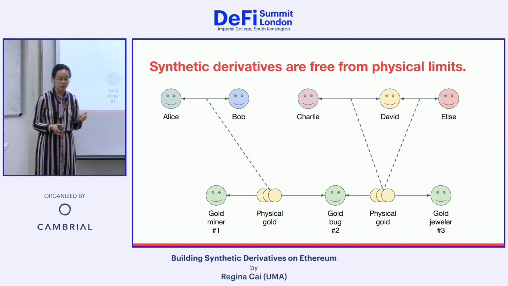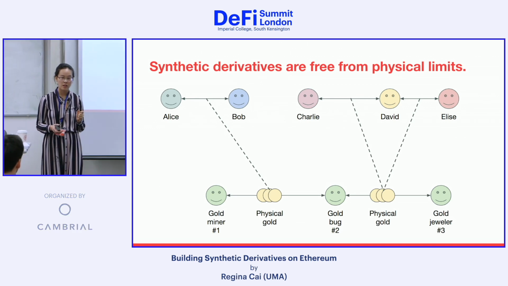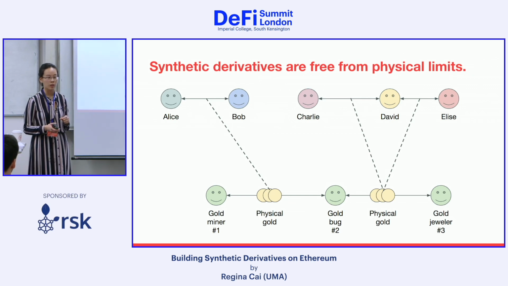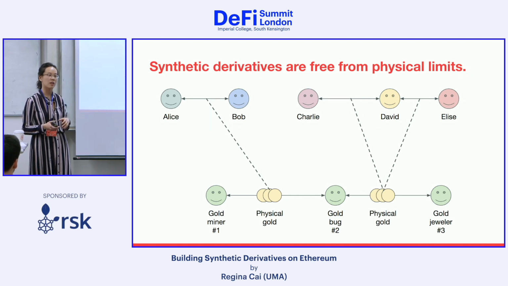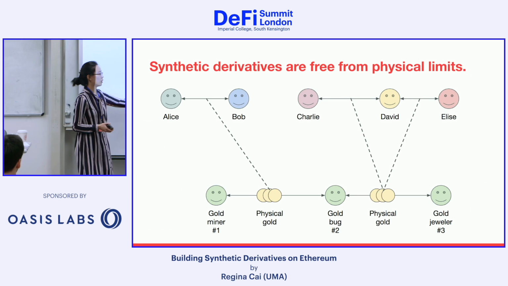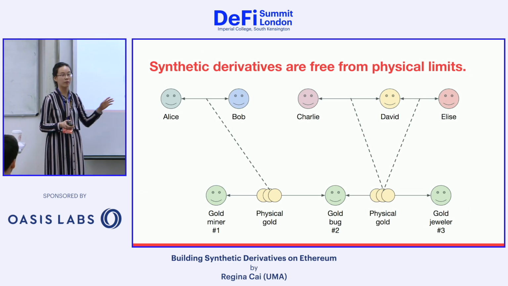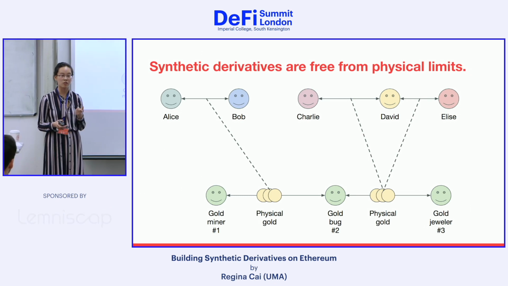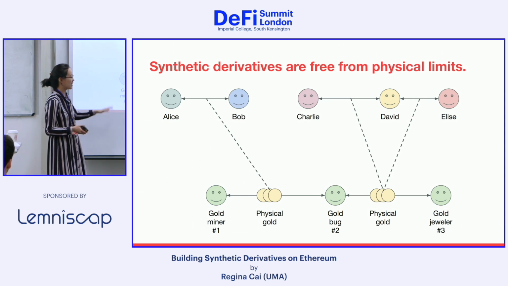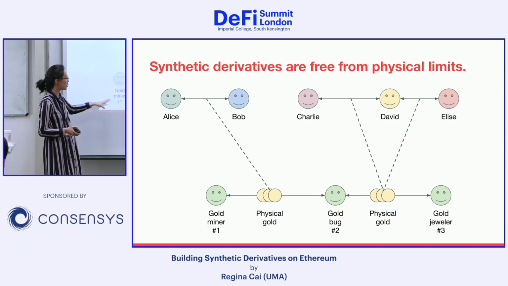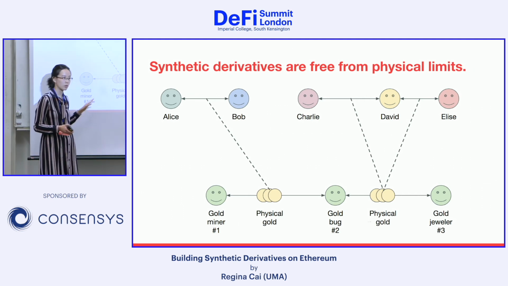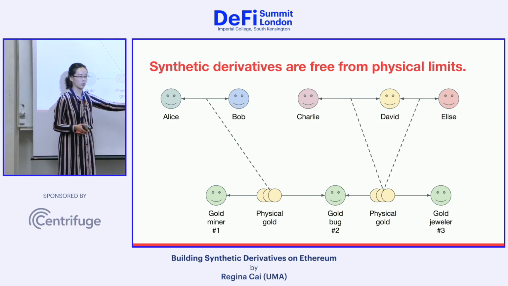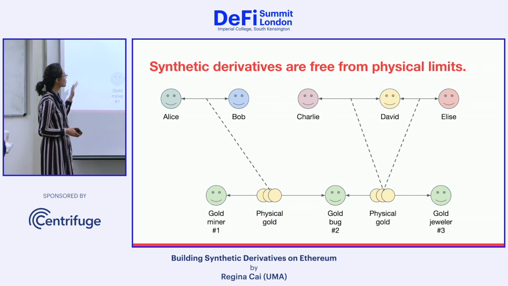So right now, for stock certificates, all of those transactions go through an exchange or some kind of clearinghouse, and everyone has a record of who owns this physical gold, or in that case, physical stock certificates. So I guess now they're digital. But the idea is some centralized counterparty or centralized exchange or clearinghouse knows what each counterparty's holdings of gold or that stock is. So what are synthetics?